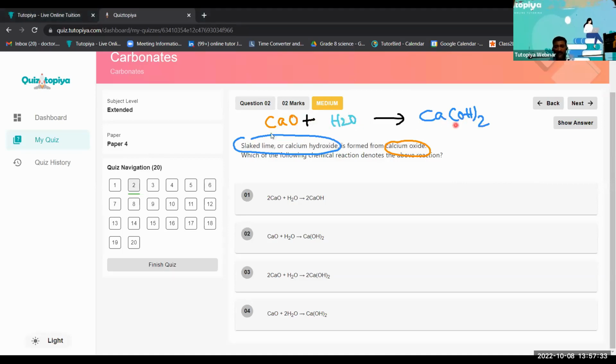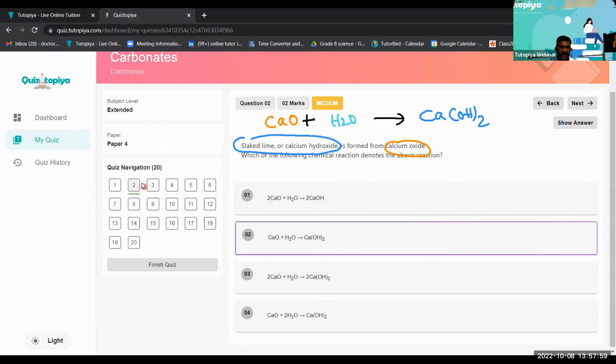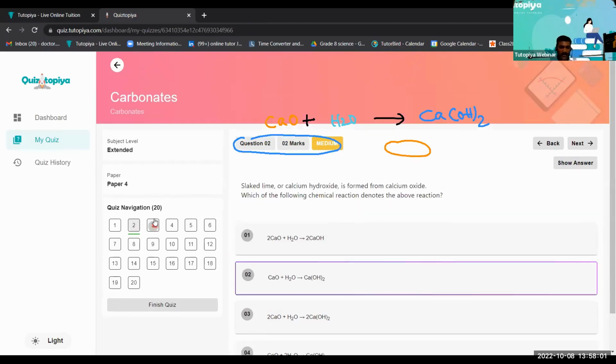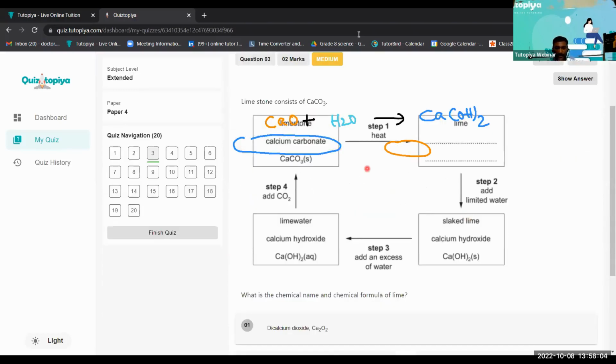Oh, it's already balanced. One calcium, two oxygens, two hydrogens, it's already balanced. So which of these is the equation? Come on. Which of these, 1, 2, 3, 4? Okay. Yeah, 2. Good. And the last one, and then the coordinator will speak with you.